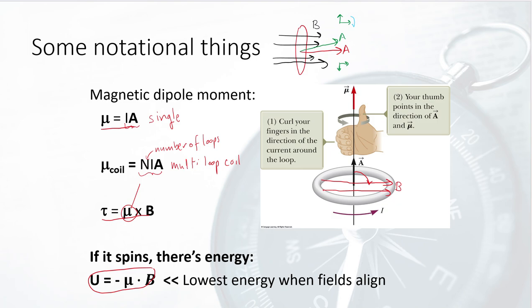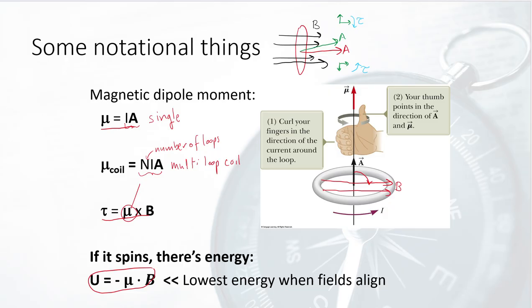So our torque is going to do this if it is slightly above, or it's going to do this if it's slightly below. In both ways, the spin is going to push it towards that equilibrium position, indicating that the alignment of A and B leads to the lowest energy configuration.